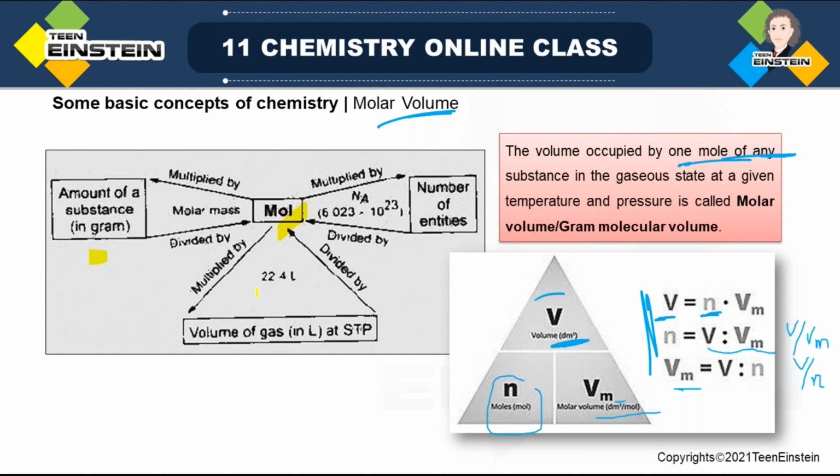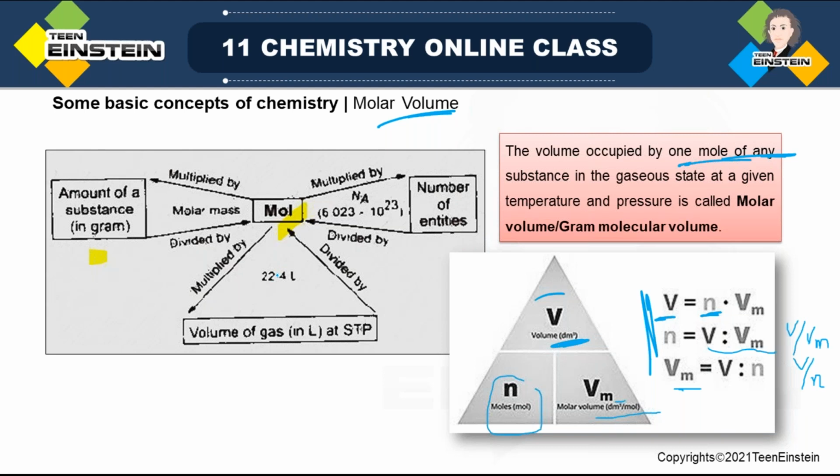So if you multiply the number of moles with 22.4 liters under STP condition, you can get the volume of any gas in liters. If the volume of gas in liters is given under STP condition, and you want to calculate the number of moles of that gas actually present, you have to divide this volume in liters at STP by 22.4. So in this way you can understand how this mole term is related. It is 22.4 liters, or you can say 22400 ml.